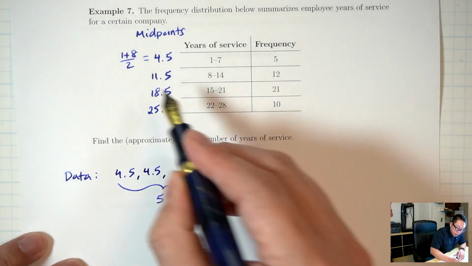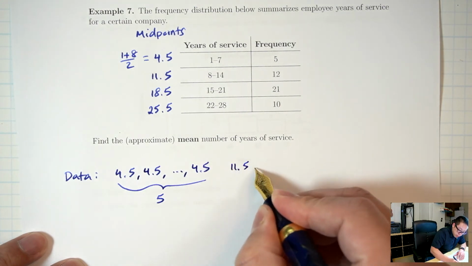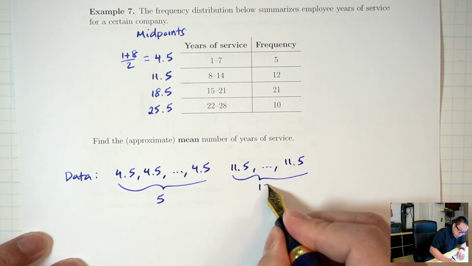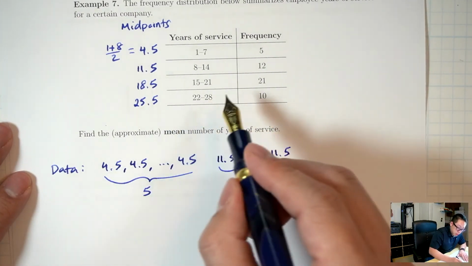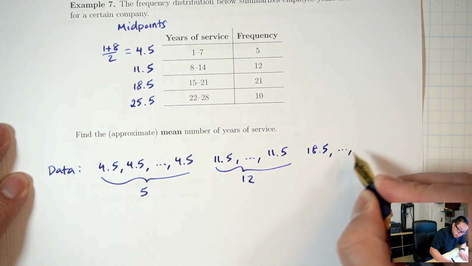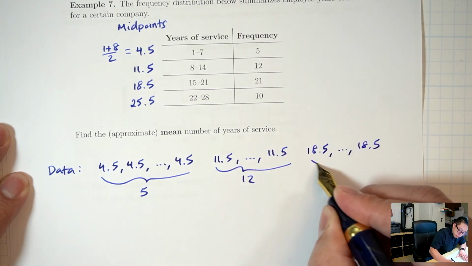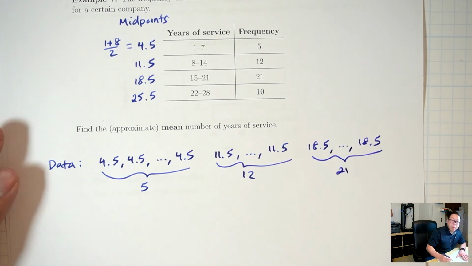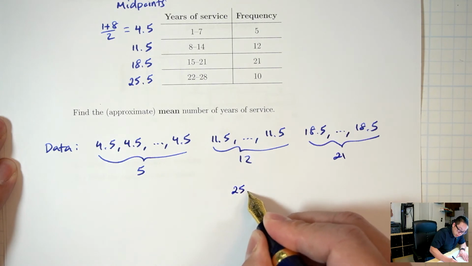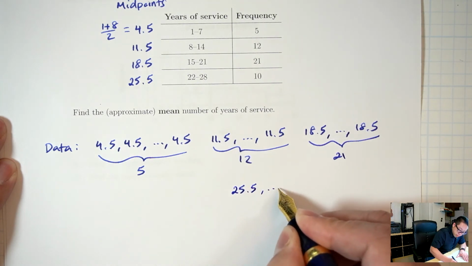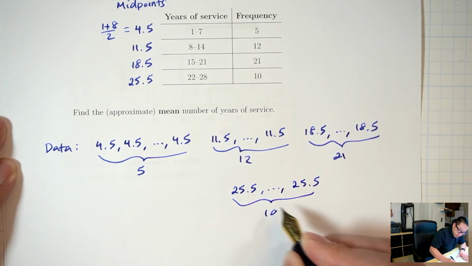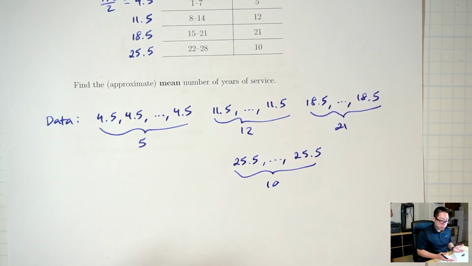There's going to be 12 11.5s. There's 21 18.5s. And then there's 10 25.5s. So that's my original data for finding the mean.